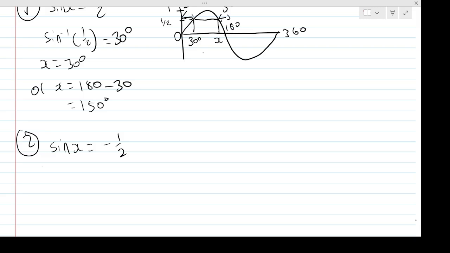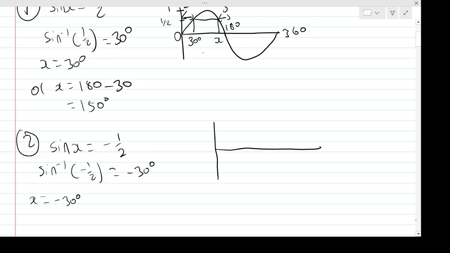Again, if we do our calculator and put in inverse sine of minus a half, we would get minus 30 degrees, right? So that could be one solution, minus 30. Now, again, we're going to consider the sine graph to help visualise, say again between 0 and 360 degrees, right?